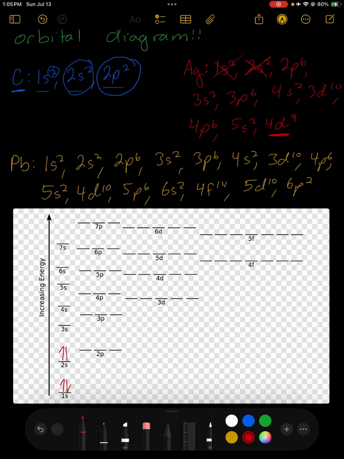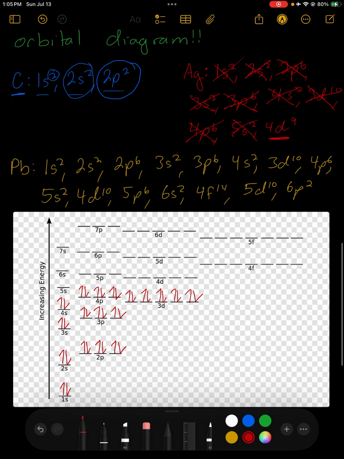Then we do 2s2, 2p6, 3s2, 3p6, 4s2, 3d10, 4p6, 5s2, and finally our last piece of the configuration, 4d9.